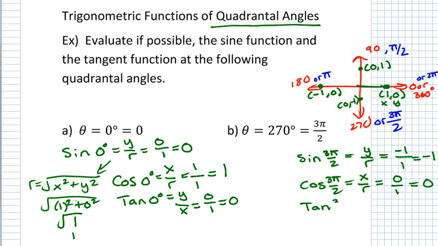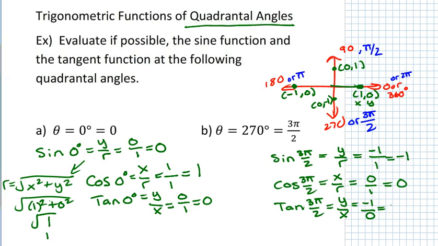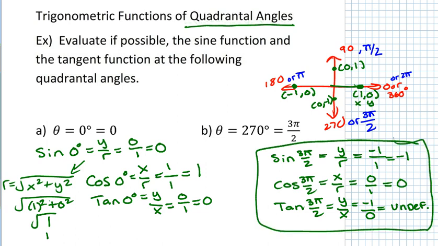Tangent of 3 pi over 2 gives me y over x, and remember y is negative 1, x is 0. Now if 0 is on the bottom of the fraction, remember that's undefined. And that is a possibility when you're doing trig functions, that it could be undefined, especially tangent. Tangent is one of those, and cotangent.